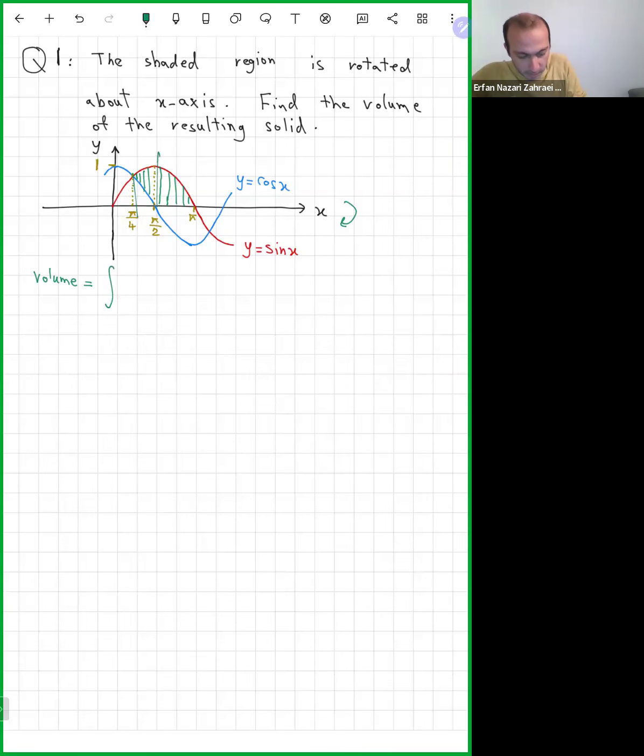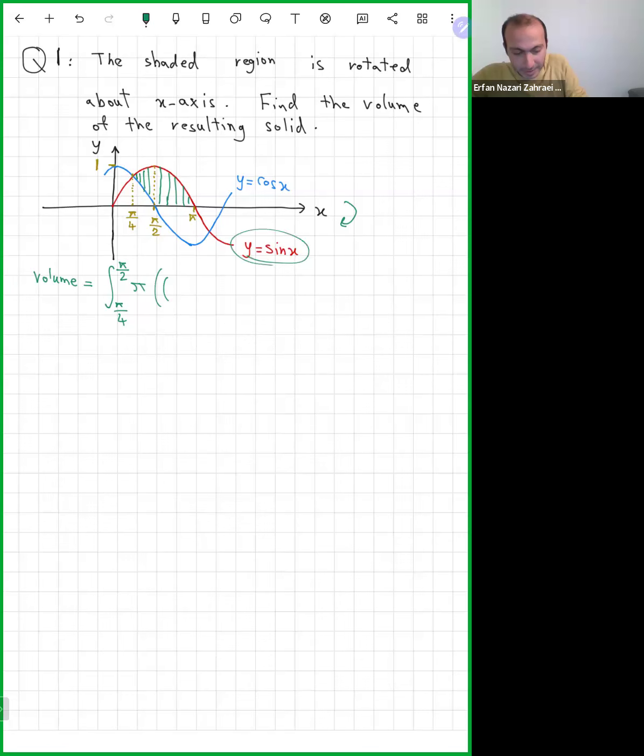First piece is from here to here, which is from pi over 4 to pi over 2. A typical cross section has this shape. When I rotate it, I get a washer. The outer radius of this washer is the height of the red curve. So I have pi, the outer radius squared.